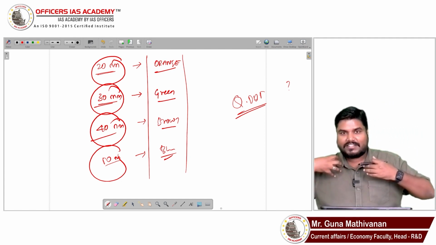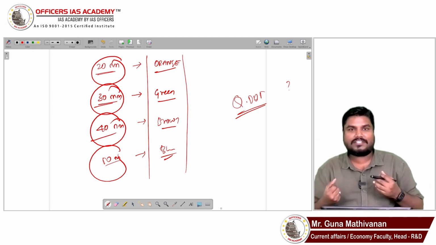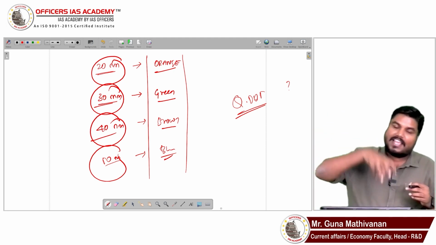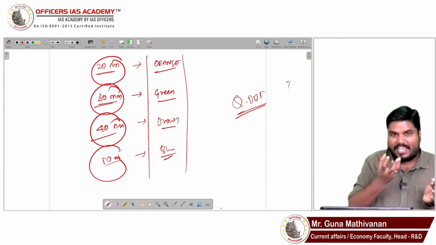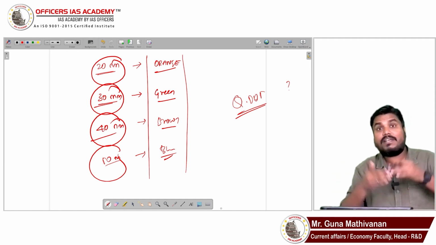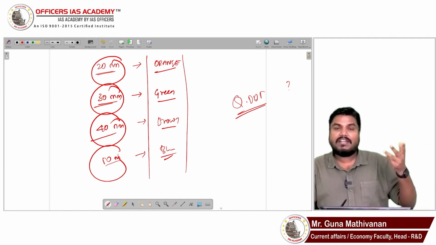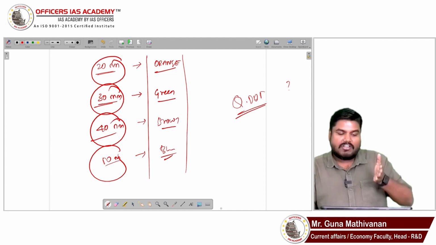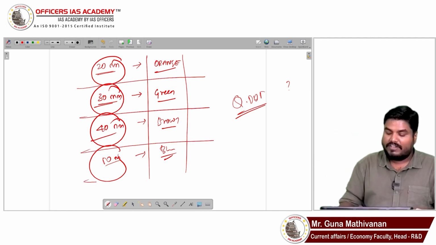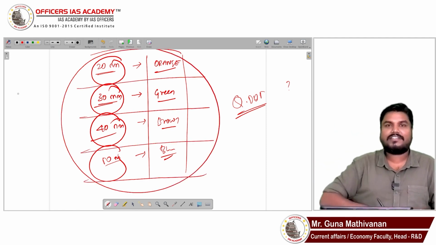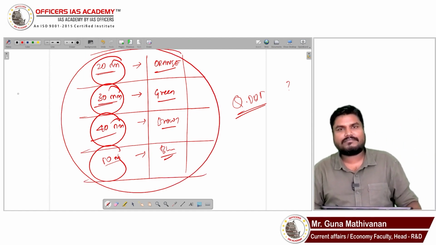We are affected by gravitational force, but inside the atom the forces governing the behavior of electrons, protons and neutrons can be different. So at nanometer scale, electrons behave in a different manner, which results in the release of different glowing properties. That is called a quantum dot.